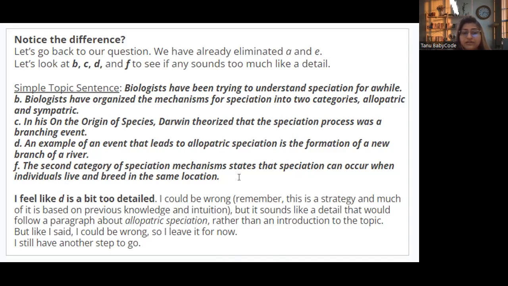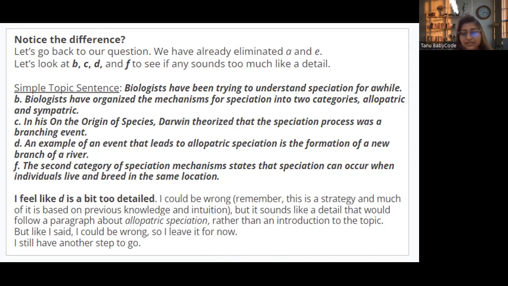And F is the second category of speciation mechanism. So the first one is only talking about biologists and that they have organized the mechanism, right? C is also fine, but D is a detail of allopatric speciation, not talking about biologists and speciation in general, but the detailed one. So it sounds like a detail that would follow a paragraph about allopatry, right? I could be wrong, but I'm leaving out the D option for now.